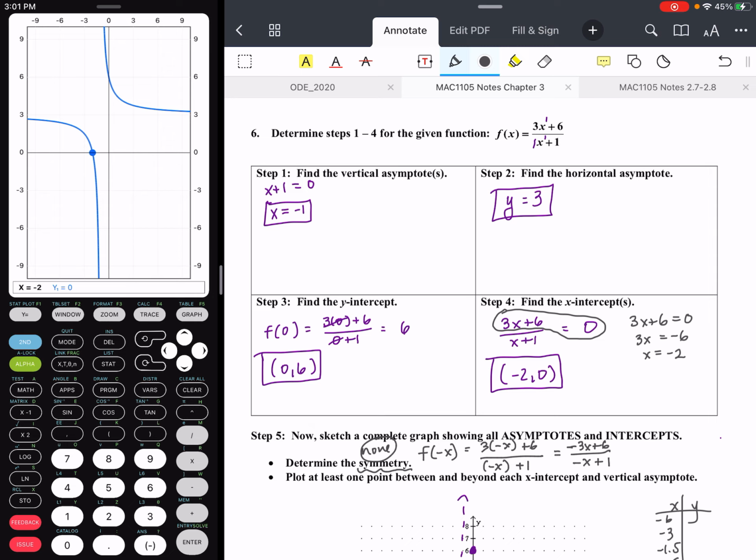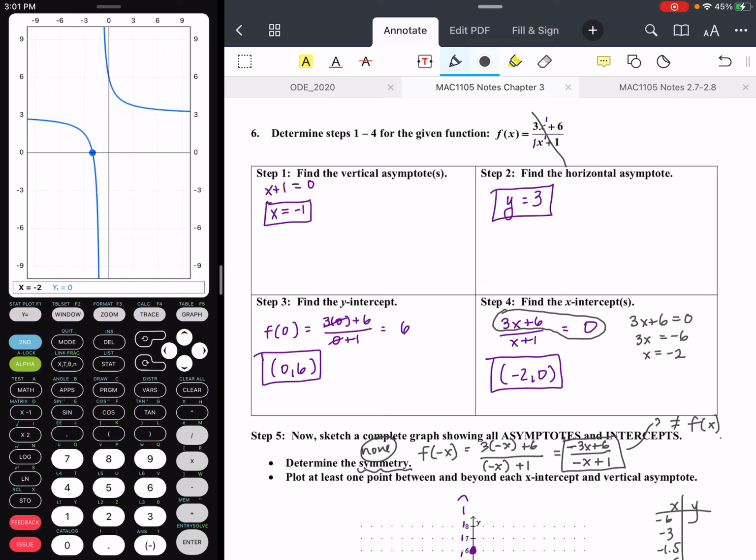So that's my f of negative x. It doesn't equal f of x, right? What I'm looking at, negative 3x plus 6 over negative x plus 1, doesn't equal my original function. So it's definitely not equal to f of x, so I don't have y-axis symmetry.